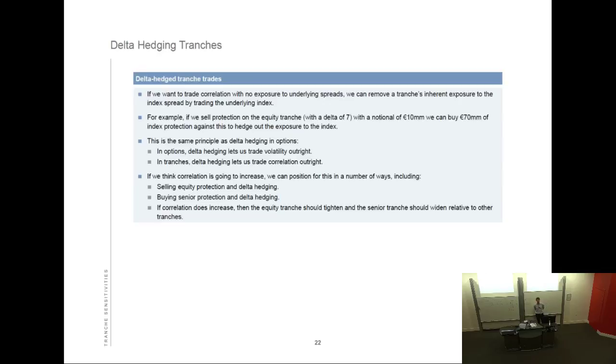You would sell protection on a tranche that benefits when correlation drops, so a senior tranche, right? And if your view is solely on correlation, you would delta hedge to be market neutral and buy protection on the index. So then if correlations fall, your super senior becomes less risky and you profit.